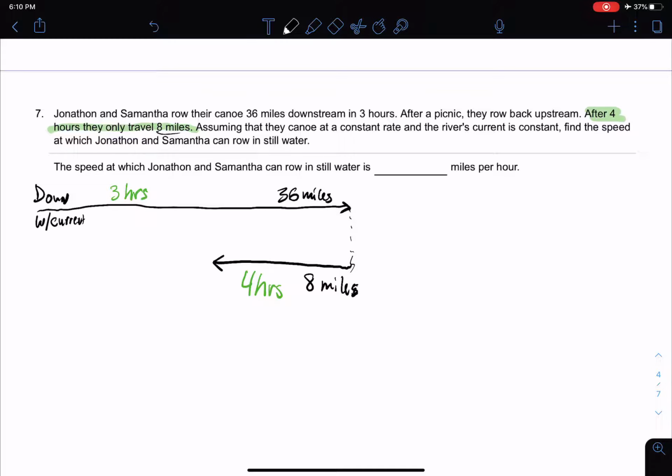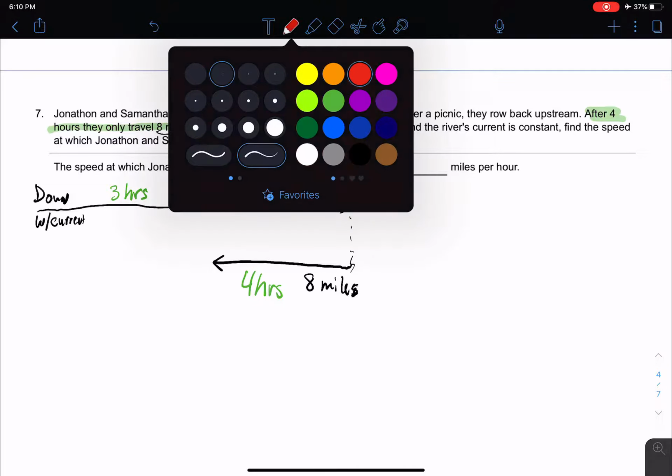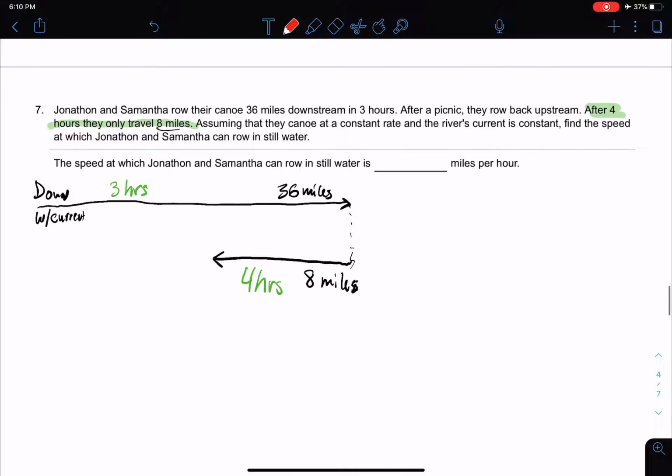I'm going to draw in red, because red is going to be my current or my speeds. I'll call it R for the river's current, the speed of the river.